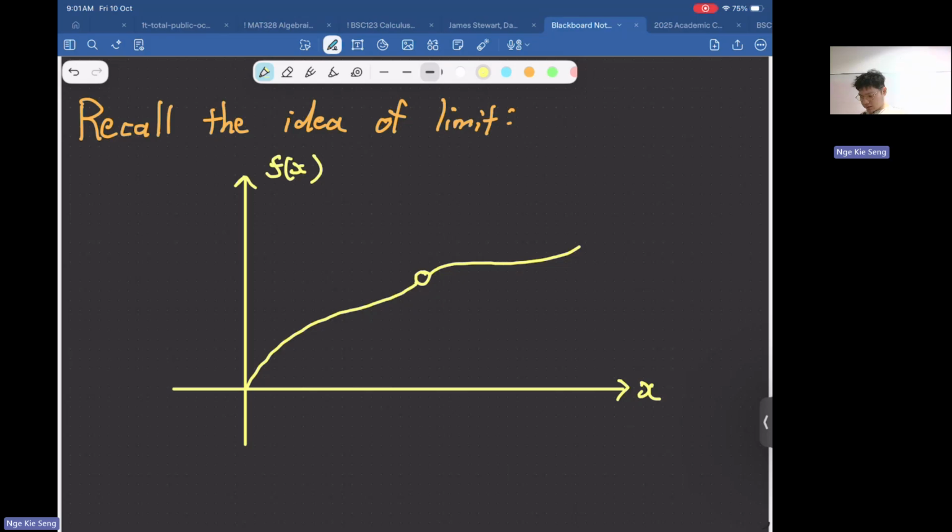Let's call this a, when x equals a. Let's say we define a piecewise function here. At a, maybe we define it as a k instead of this L.